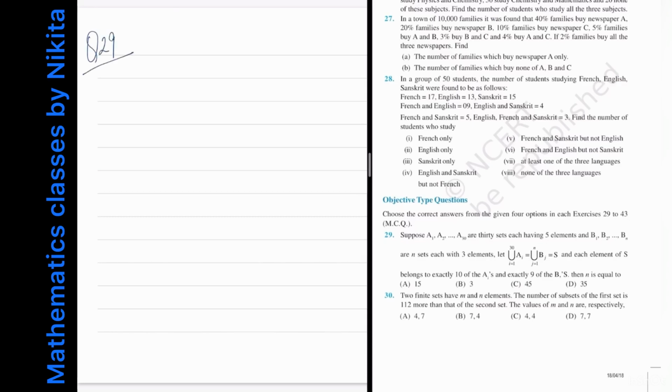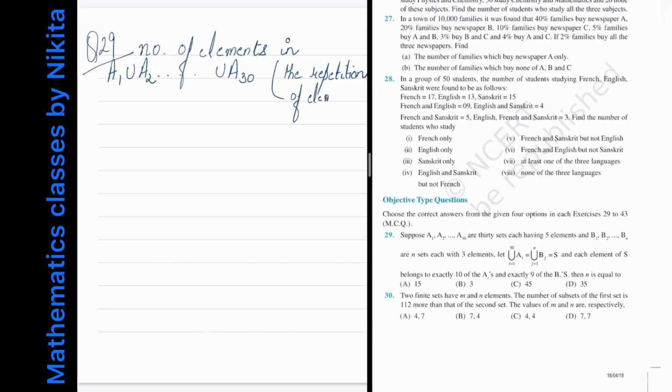Now first of all, it is given that Ai's are 30 sets, each having 5 elements. So first of all, we will find the number of elements in A1 union A2, so on union A30, provided the repetition of elements is not ignored.